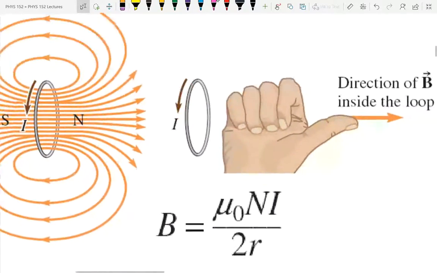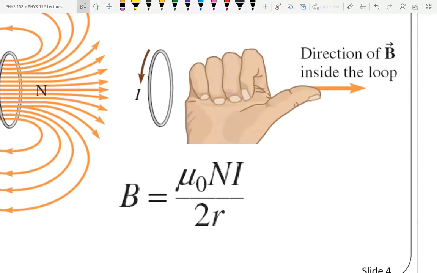Now for a simple right-hand rule, another one for us. If I have a loop with current in it, I can find the direction of the magnetic field. Instead of going along each point like I talked about, I can just take my hand and wrap my fingers to the direction the current is going in the loop. So in this case here, I have the current coming up on your left, going down on your right.